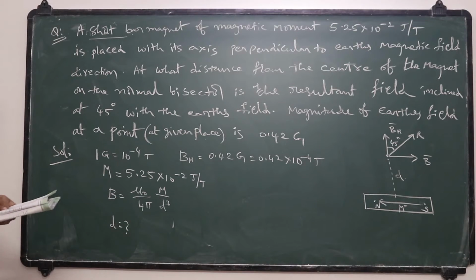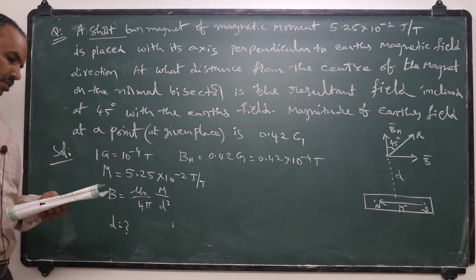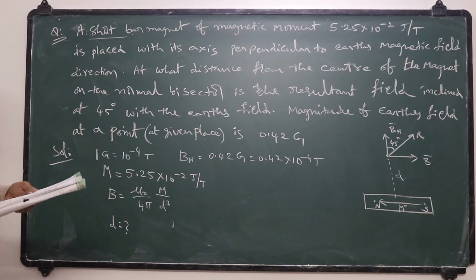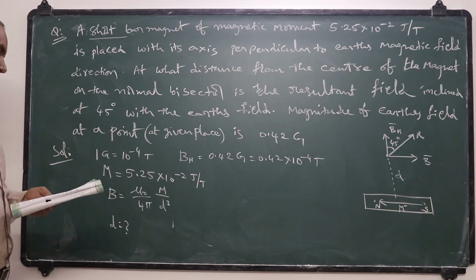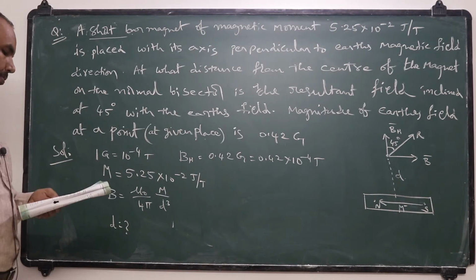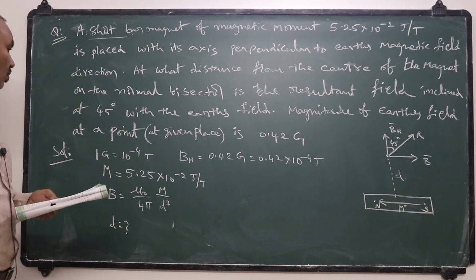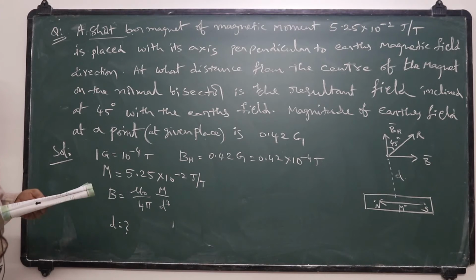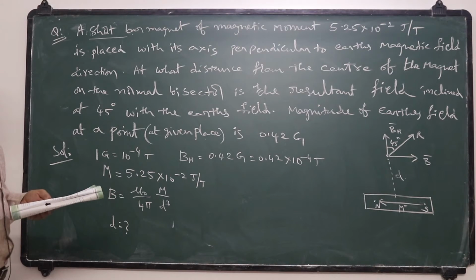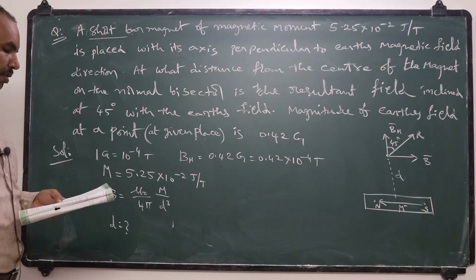Okay. Now, we require to find a d value. You are given the M value, you are given the earth's magnetic field value. So let us do the solution in a simple way.